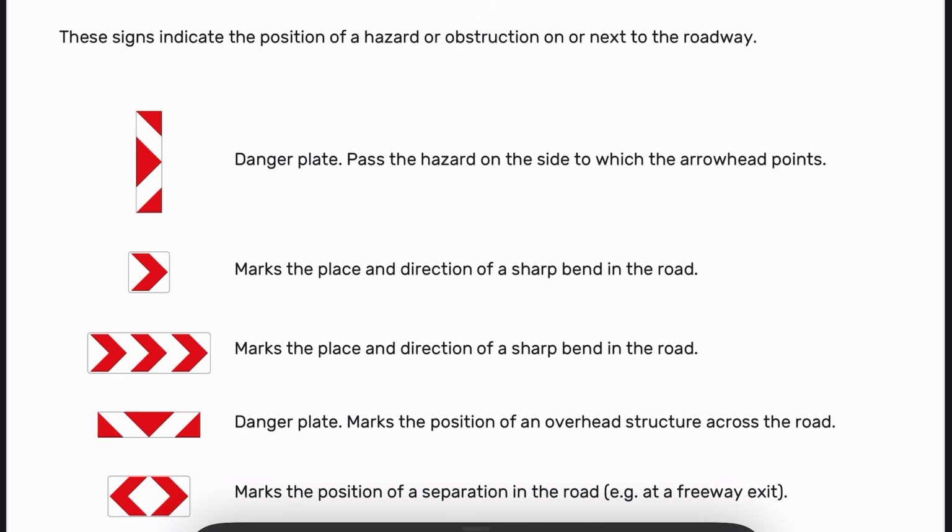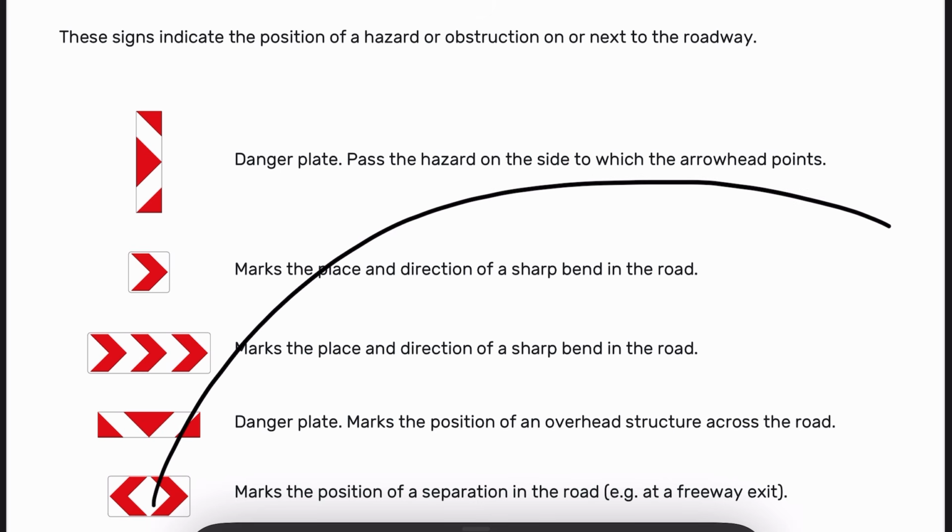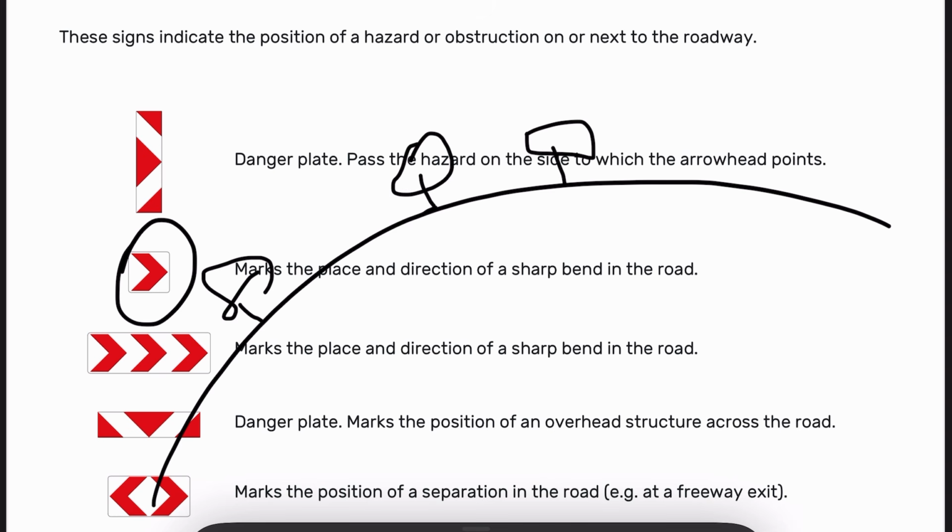It's positioned at the place of danger. And then the second one is a sharp curve chevron. You would normally see these ones if the road is like this. And then they put a lot of them here, a lot of them there, to say that keep on following the direction of the arrow.